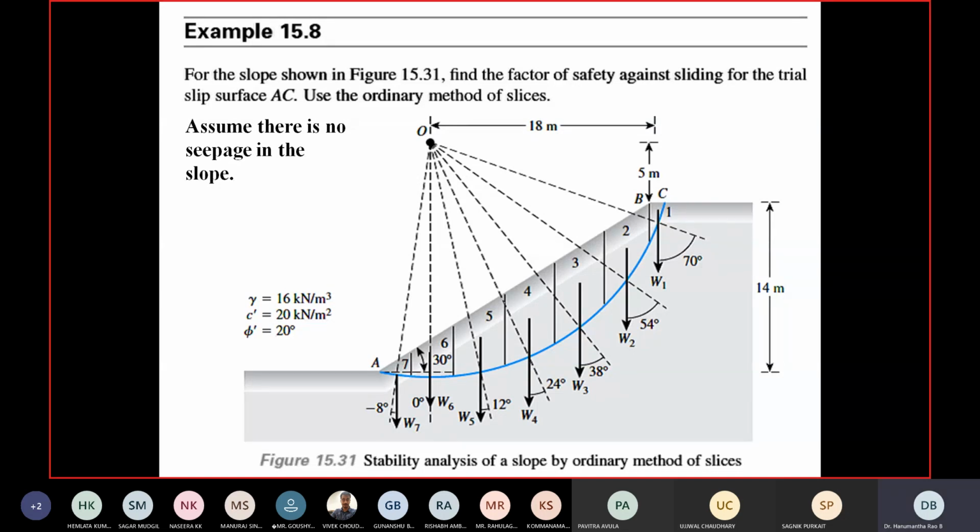So this is also the method of slices. For the slope shown in figure 15.31, find the factor of safety against sliding. For the trial slip surface AC, use the ordinary method of slices. Assume there is no c-phi in the slope. The height of the embankment is given as 14 meter.